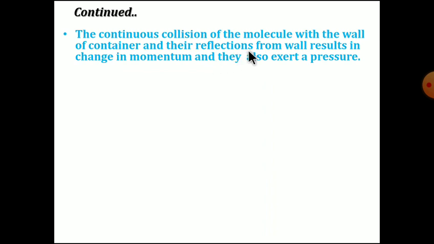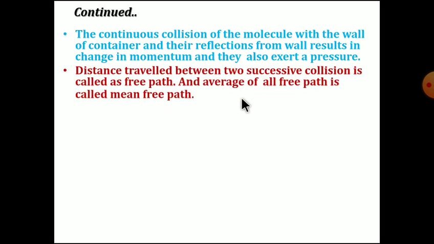The continuous collision of the molecules with the wall of the container and their reflection from the wall results in a change in momentum, and therefore they exert pressure. The distance traveled between two successive collisions is called the free path, and the average of all such free paths is called the mean free path.